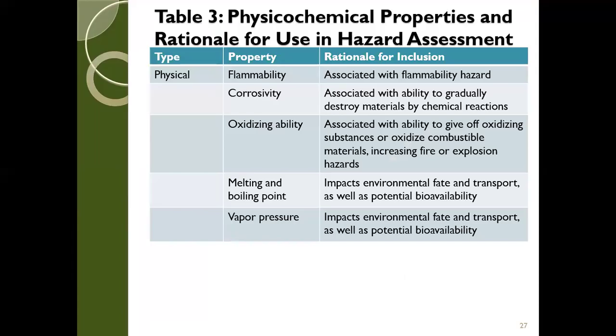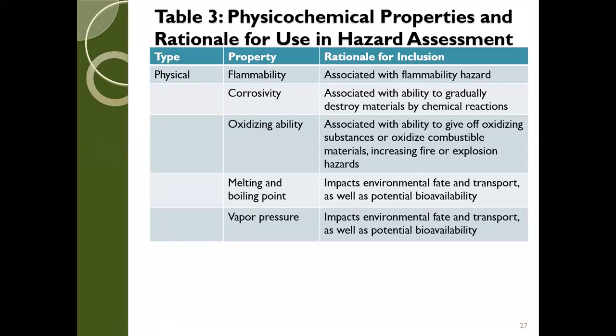So this table is giving us an overview of physicochemical properties and rationale for use in hazard assessment. When someone is talking about flammability, for instance, which is a physical property, you know that it is associated with flammability hazard, that is how a chemical can become flammable.